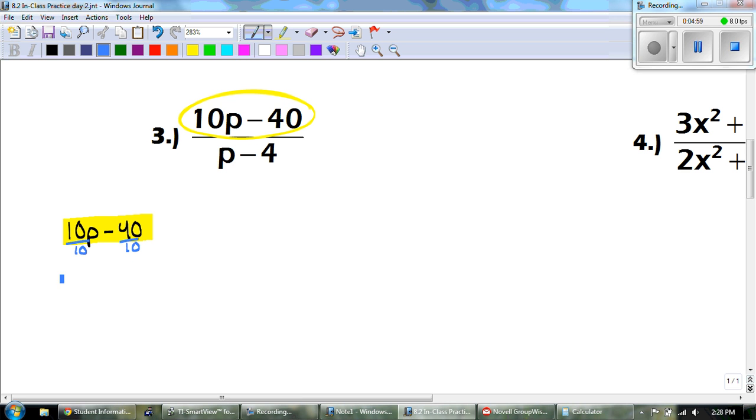So I'm going to factor the 10 out, and then we're left with p minus 4. Okay, so I take the 10 parentheses p minus 4, and that is still over p minus 4. And now we can start canceling things out. Well, the p minus 4 and the p minus 4 cancel, and the only thing that we're left with is 10.